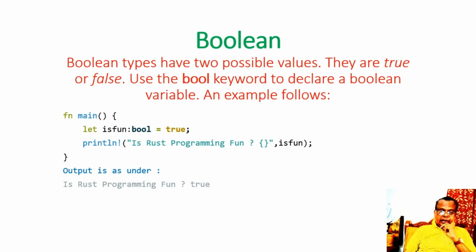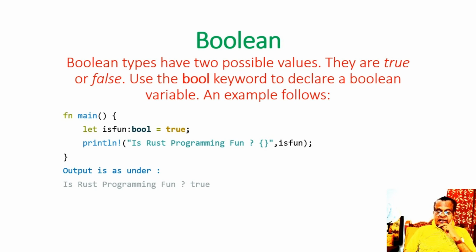Look, fn function main on the same line, open the brace. Then we are declaring a Boolean variable. We are using the let keyword. Let is fun. The name of the Boolean variable is fun. We keep a colon immediately after that, then the data type bool, is equal to true.